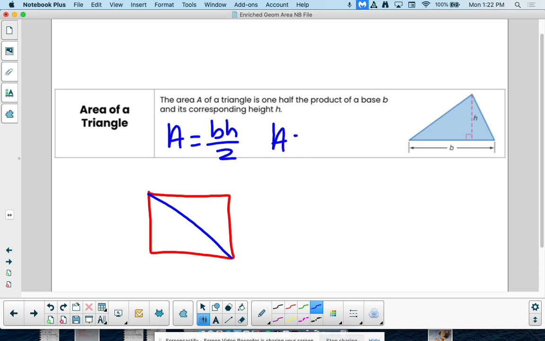You can write it this way too if you rather have a fraction. They mean the same thing. Whatever way your brain likes to write it: base times height divided by 2, or half base times height.